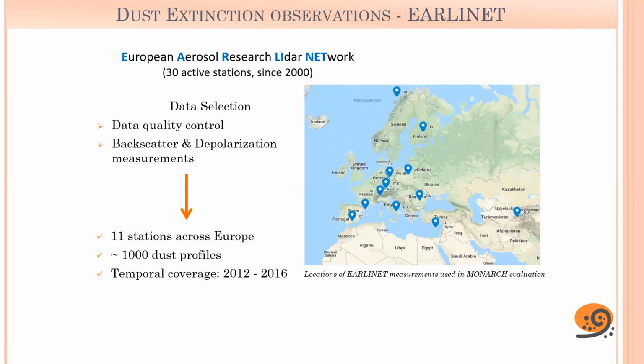In case of EARLINET, dust extinction profiles were produced from high quality and simultaneous particle backscatter and depolarization ratio measurements made over 11 stations across Europe for the period 2012 to 2016.